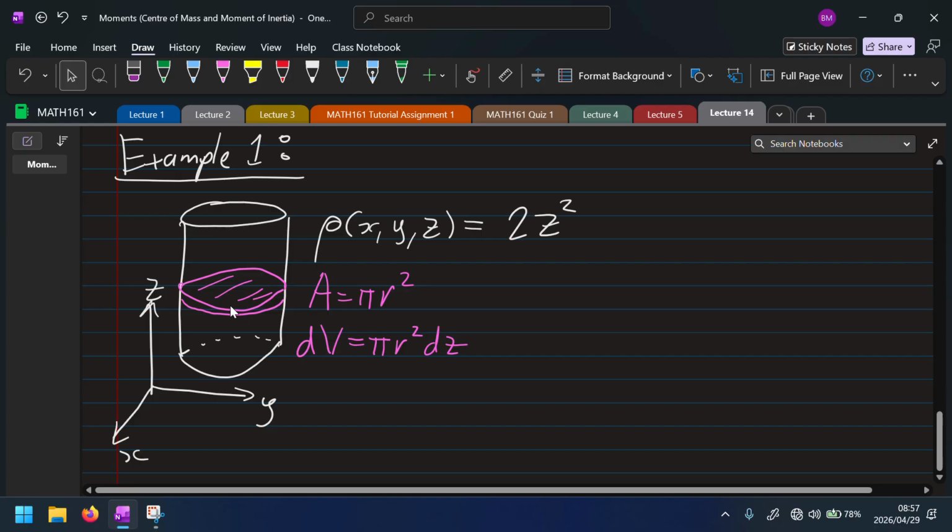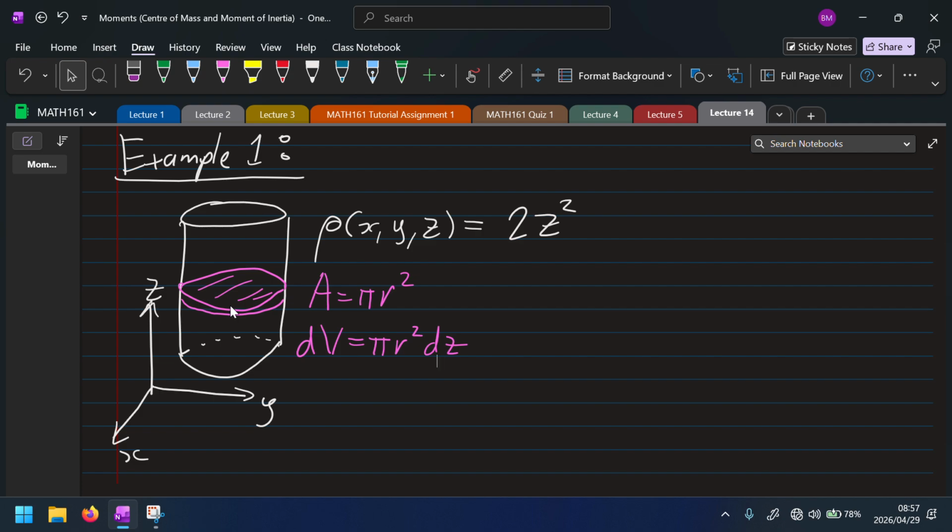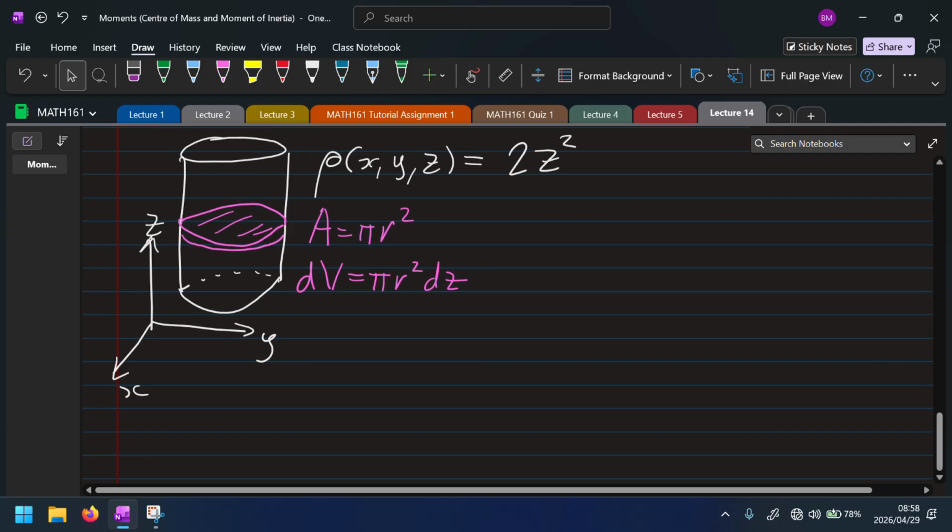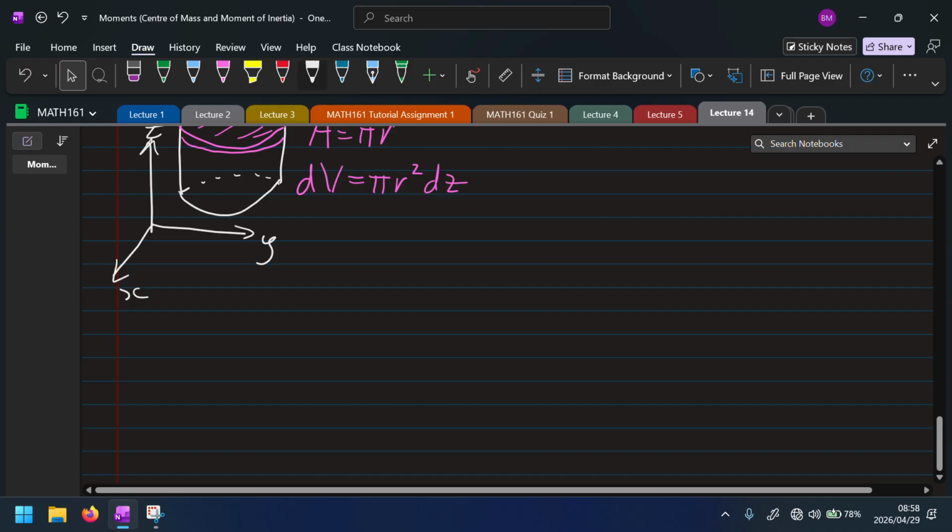So dV we can write like that. So now what does this integral become? So instead of integrating over the volume, we now integrate over z. You see that? dV is pi r squared dz. We just integrate over z. Much easier to do. Okay, so let's set this up.